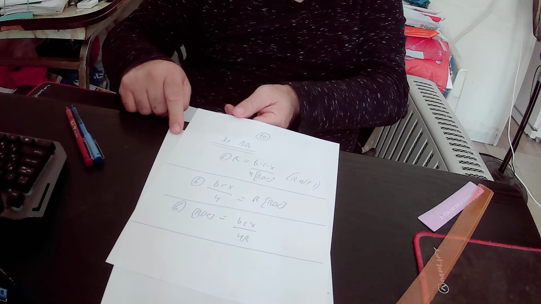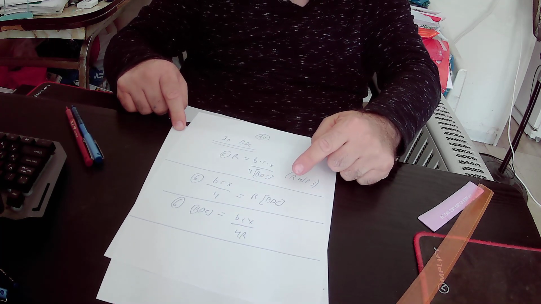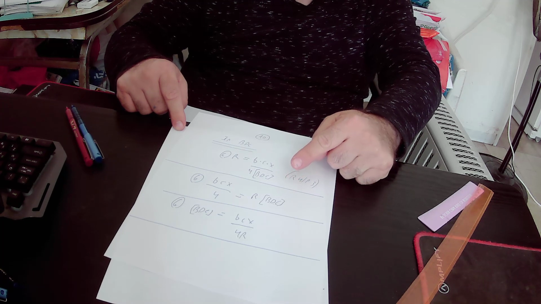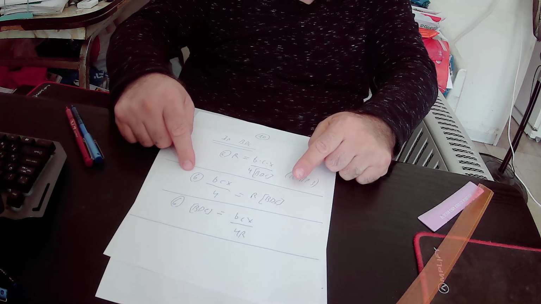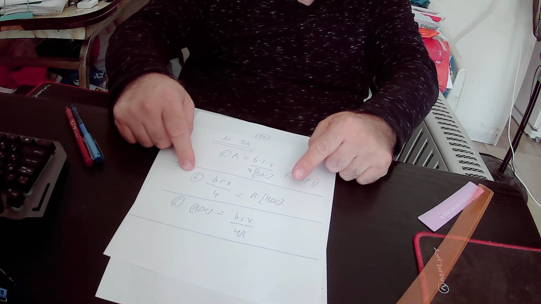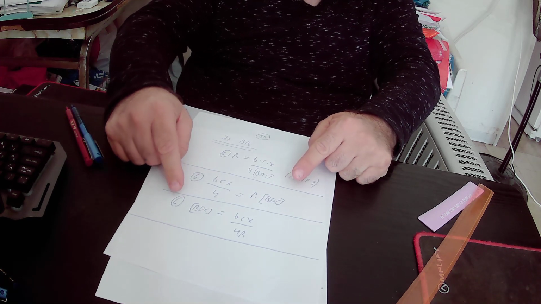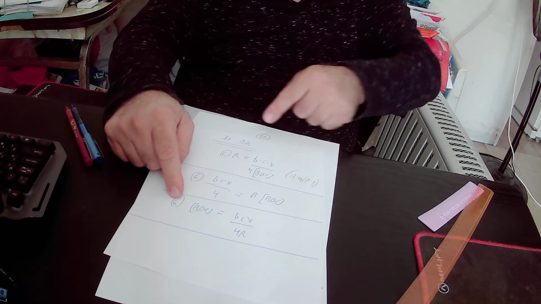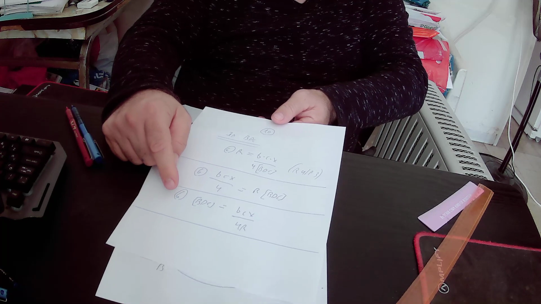We multiplied equation number 6 by the area of triangle BDC. We got this expression. Then we divided equation number 3 by the radius of the circle, and we got that the area of triangle BDC equals BCX over 4R.